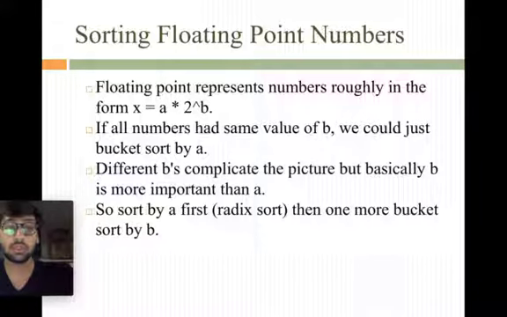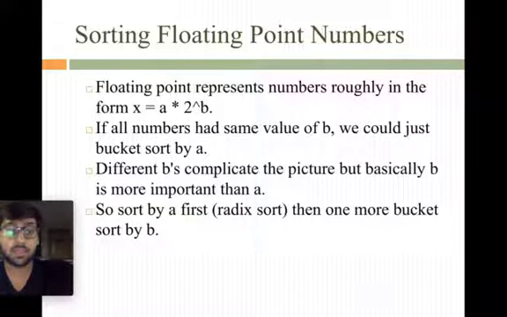Now, suppose we have different values of b. It complicates the picture, but we know that b is more important than a. Even if the a component of one number is much greater than the a component of the other, if the b component of the first number is greater, we can say that the number with the greater b component is greater. So we initially sort by a using Radix sort, and once we have the sorted array, we do a simple bucket sort on them based on b values.